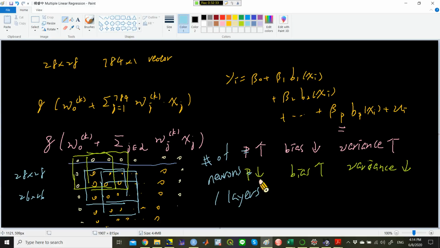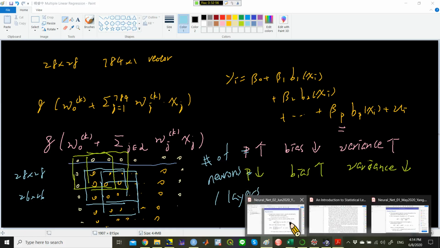It's the trade-off, no free lunch. So the key is we may want to have some balance between the bias and variance. I don't want to say optimal, but some good number of neurons and some good number of layers.